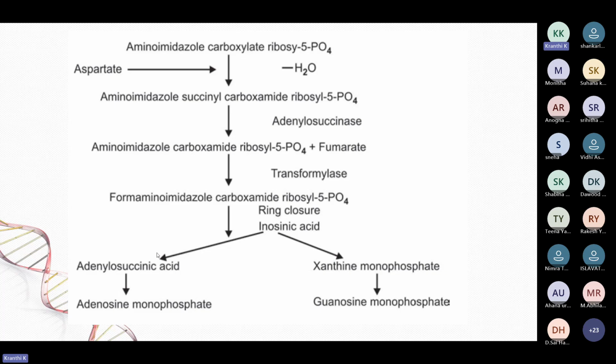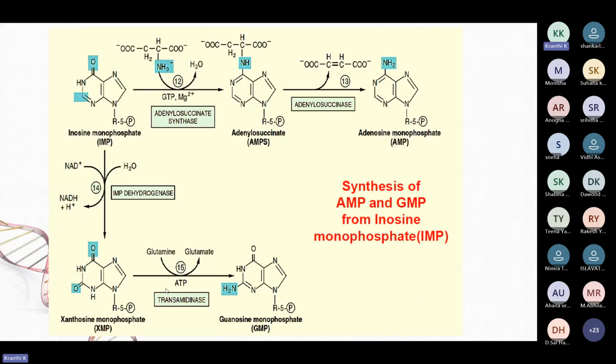From this xanthine monophosphate, the guanosine monophosphate formed, and then adenylosuccinic acid, adenosine monophosphate. Okay, already we discussed, right? Initially, the inosinic acid will form. Then from the inosinic acid, xanthine monophosphate, and from the xanthine monophosphate, guanosine monophosphate. And from inosinic acid, again, it creates the adenosine monophosphate. This is the second step. Okay. So in the second step, can you see the molecular structures?